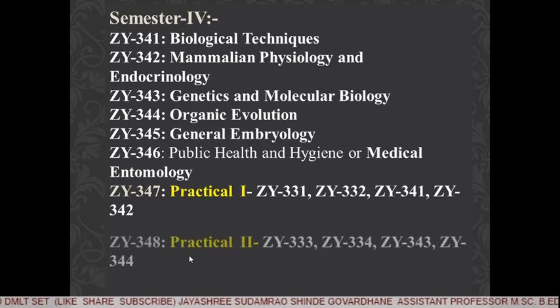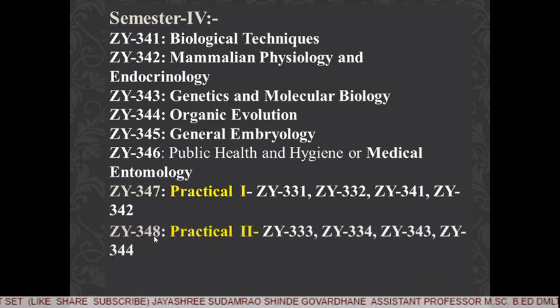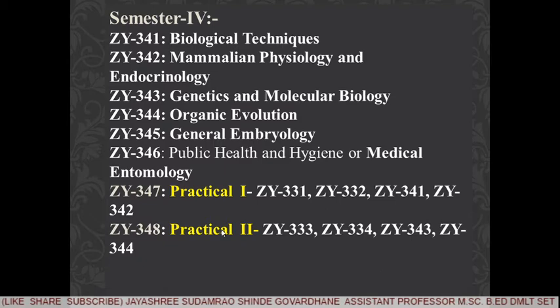The same thing here for the ZY348 paper: it will be the next journal, practical 2, with 333, 334, and the subjects from 343 and 344. The practicals of all these 4 subjects will be written in this practical 2 journal, and the paper will be ZY348.